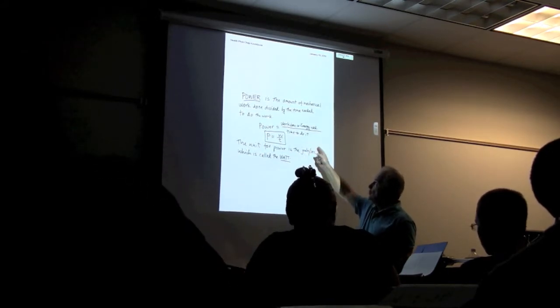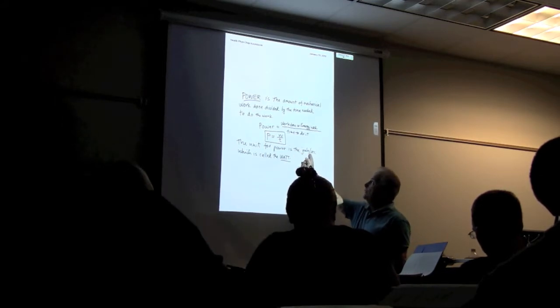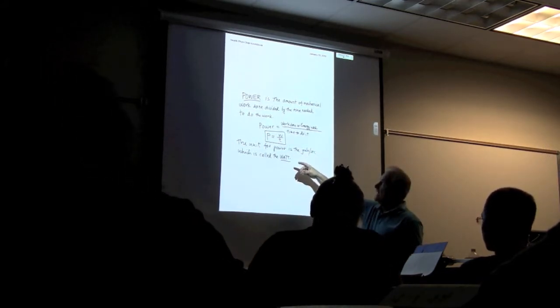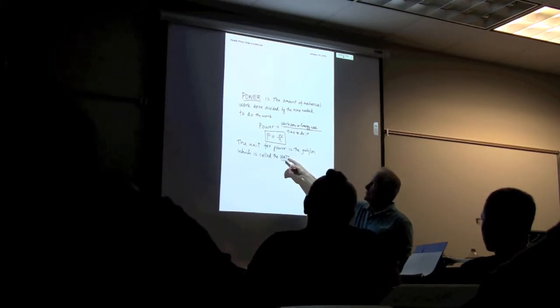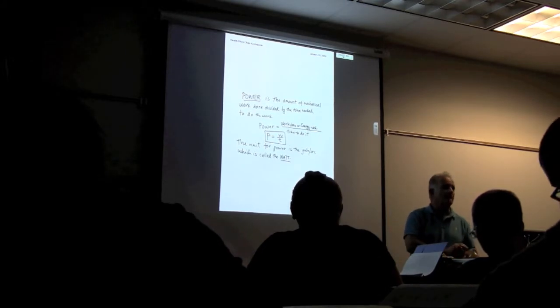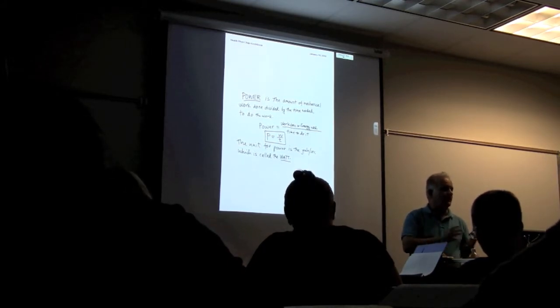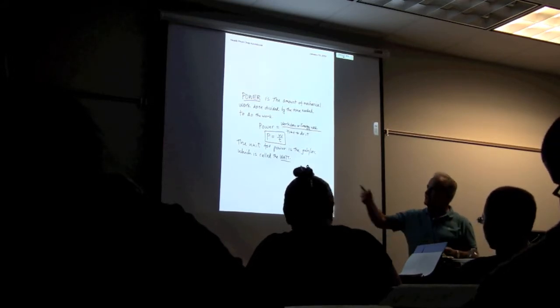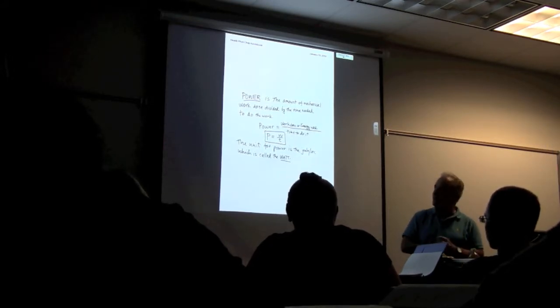The work will be in joules and the time will be in seconds. And the unit for power in the international system is the watt. You know, in our country we're sort of schizophrenic because we have some British units and we have some international units. But this is an international unit. The watt is a unit of power.